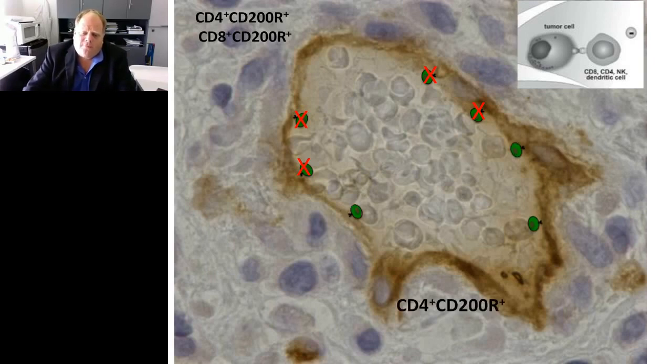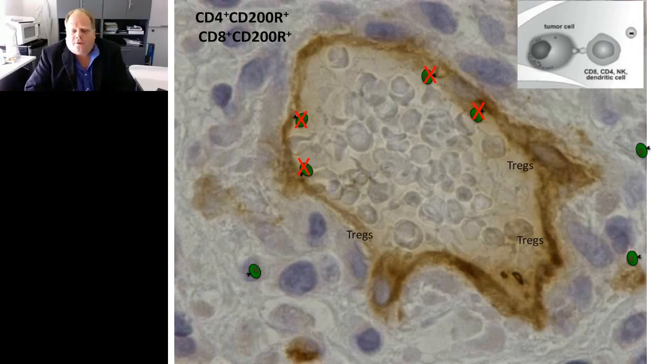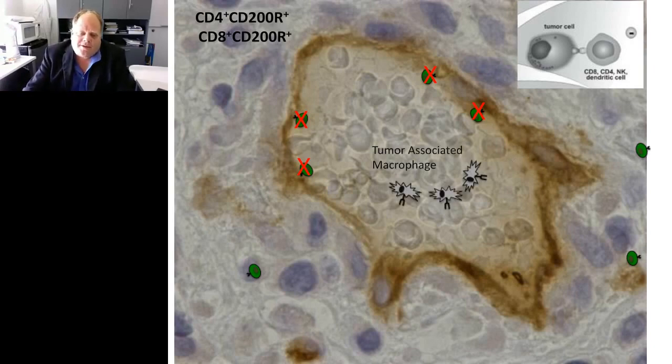Moreover, the CD4, CD200 receptor cells, we're hypothesizing, and we're testing this hypothesis right now, actually differentiate at this point, becoming T regulatory cells, and then they infiltrate into the microenvironment, inducing an immunosuppressive environment. And the same is true about tumor-associated macrophages.